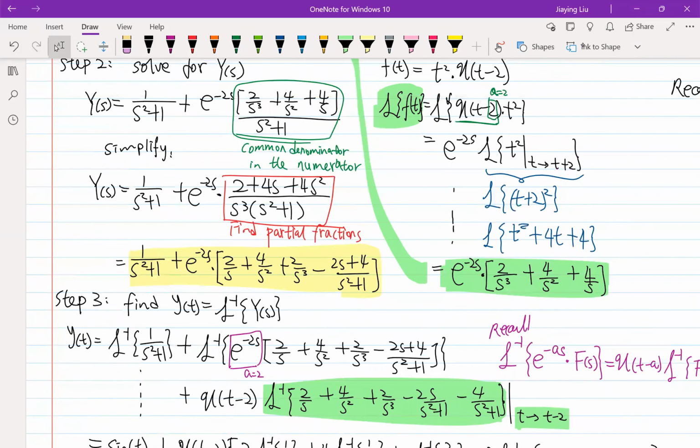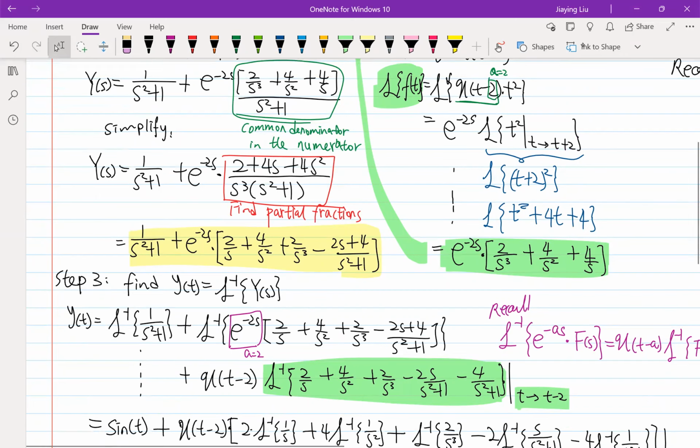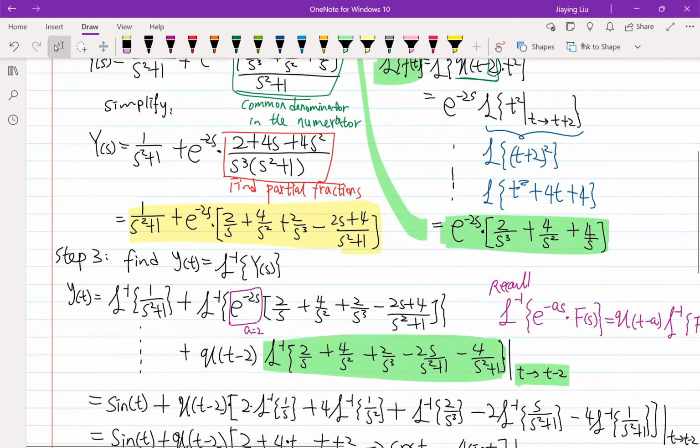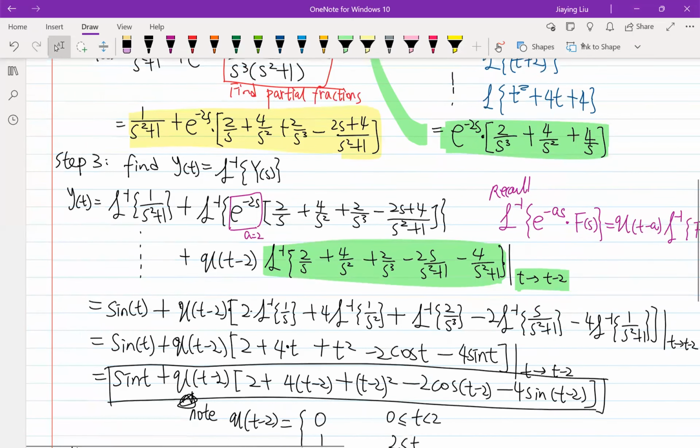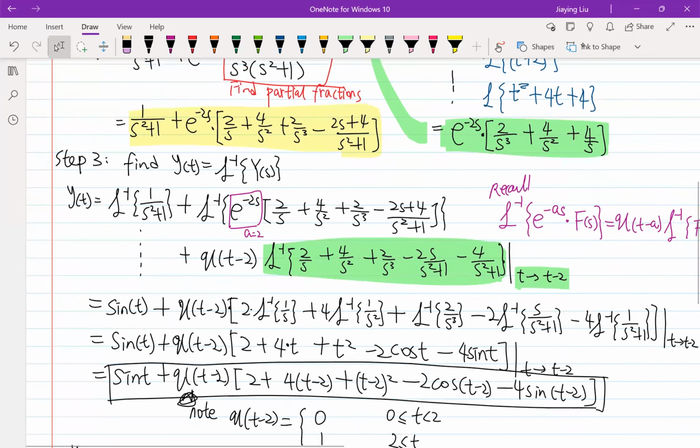So for the Laplace transform of the Heaviside, just for clarification, t goes to t plus 2, but then for the inverse Laplace, when using the Heaviside, it goes to t minus 2. So if I understand correctly, in the last step, in step 3, you said... sorry, go ahead.